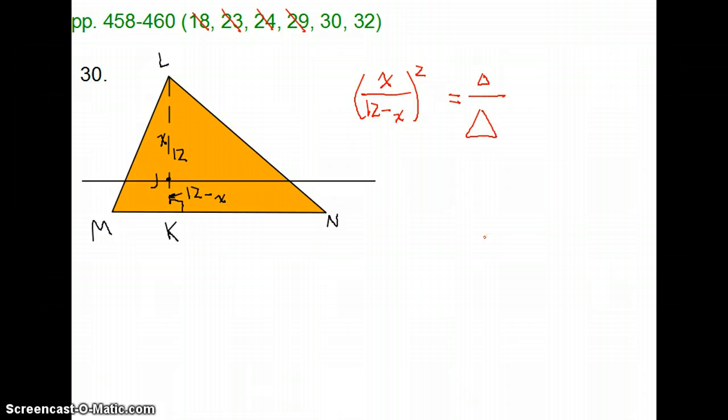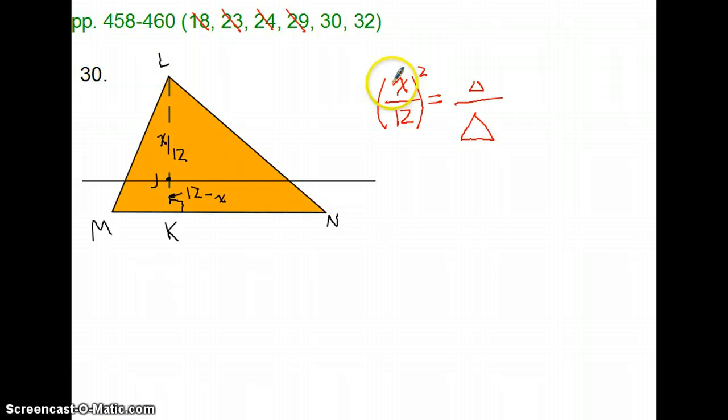I'm sorry, not big triangle, trapezoid. No, I'm sorry, little triangle. Just a second. I'm sorry, this is what we talked about. X is to 12, like little area squared is like little area to big area. That's what we did last time.